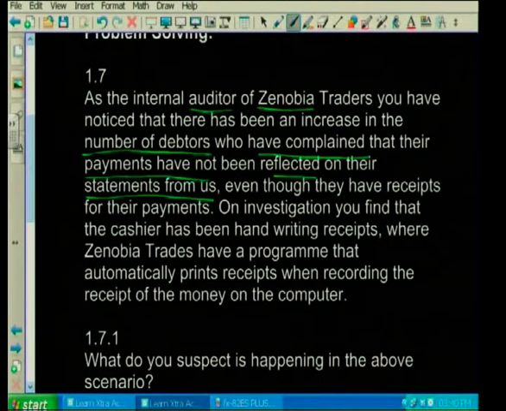On investigation, you find that the cashier has been handwriting receipts, where Zenobia Traders have a program that automatically prints these receipts when recording the receipt of the money on the computer. Right? Clearly you can see there's a problem.